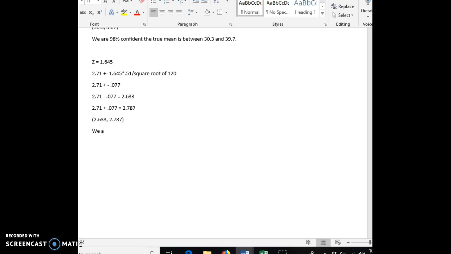We are 90% confident the true GPA of students at this particular university that we're looking at is between 2.633 and 2.787.